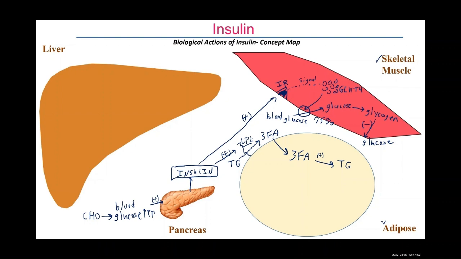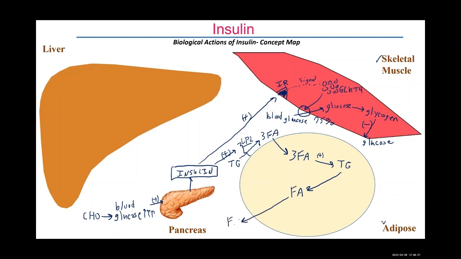Now on the other hand, since we're in surplus, since we're trying to store long-term energy in the form of triglycerides, we don't want to break it down. Sometimes when we need energy, we break down those triglycerides to fatty acids, and those fatty acids enter circulation.